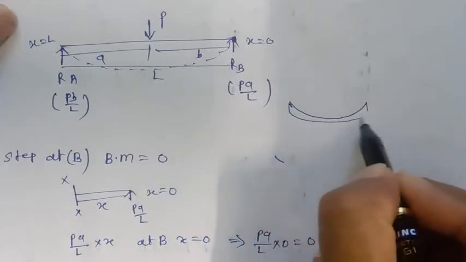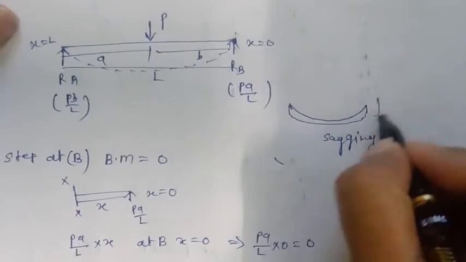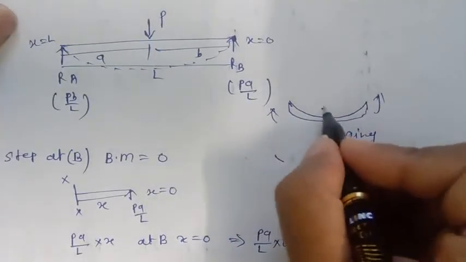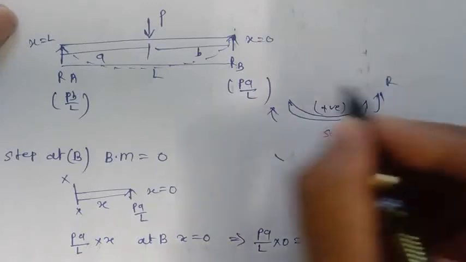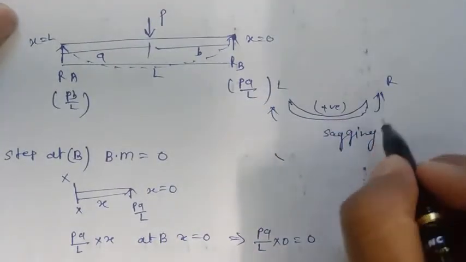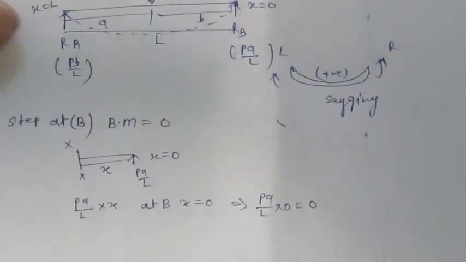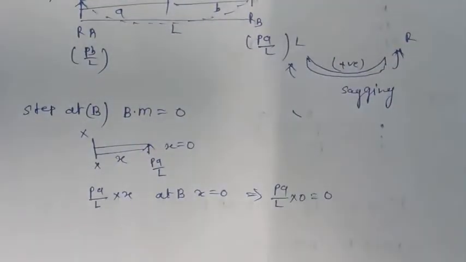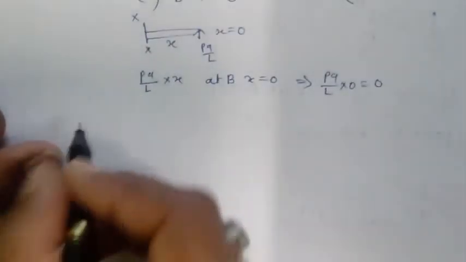So the appearance will look like this bending. This is called sagging, and sagging we are taking as positive. From right to left, if I move, this type of upward movement will be taken as positive when you move right to left. So here at B the value will be 0.